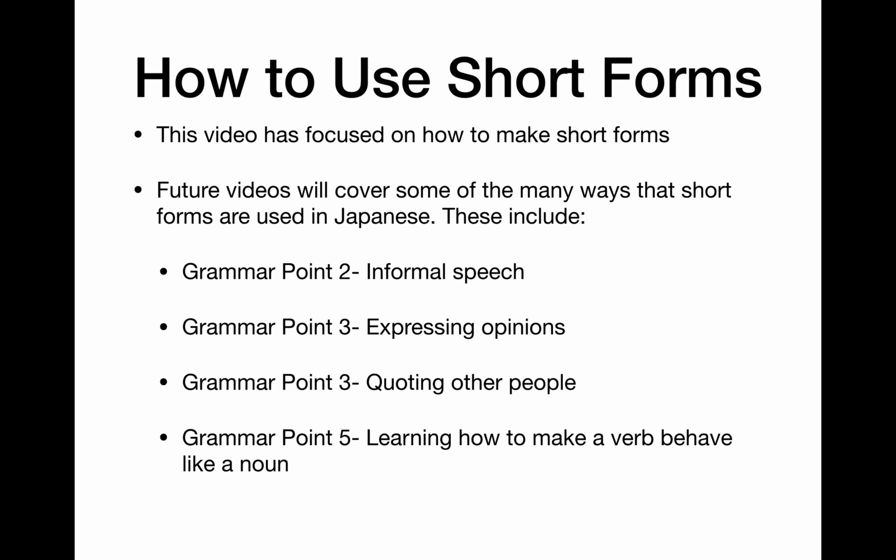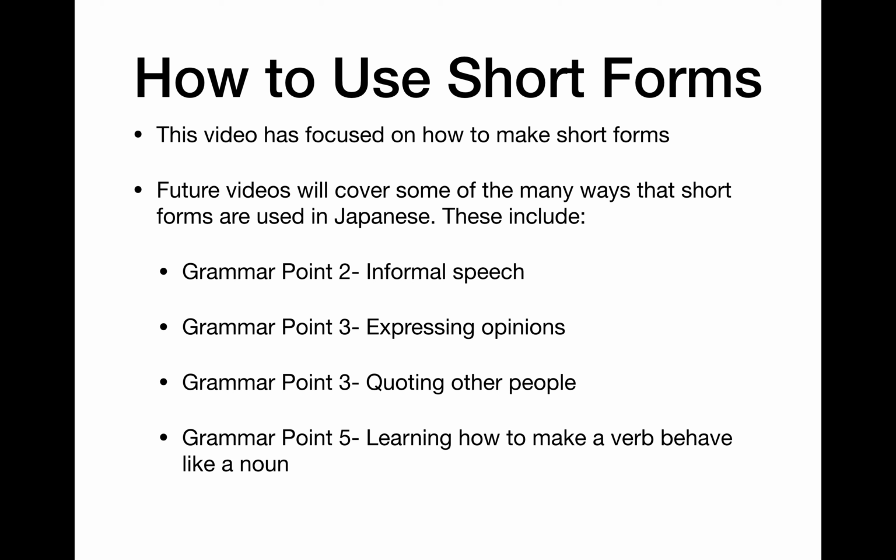Okay, so I've focused here on the mechanics of how to create these short forms. But really the reason they're valuable is because they are used in so many different expressions in Japanese. So in future videos, I will cover further grammar points of lesson 8.